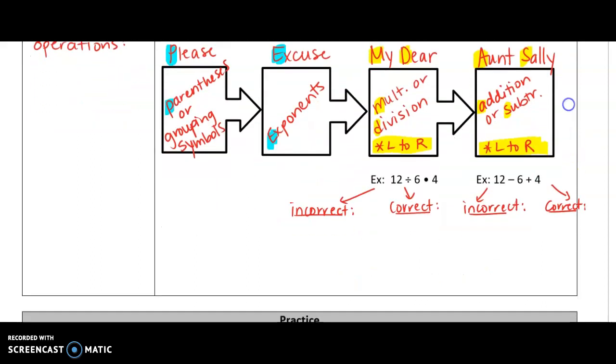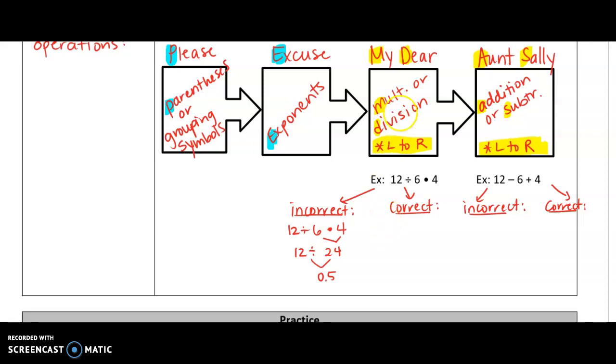Let's take a look at these examples, and I can show you the difference between the correct way and the incorrect way. The incorrect way would be to do my dear, so do the multiplication first. If we have 12 divided by 6 times 4, and we only knew please excuse my dear, we'd be tempted to do the multiplication, 24, and then 12 divided by 24, which is 1/2 or 0.5.